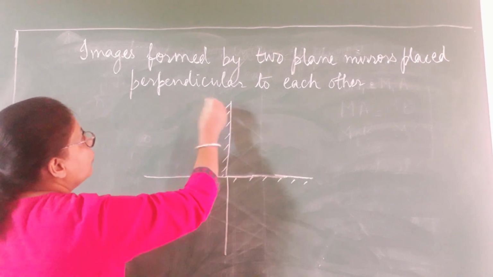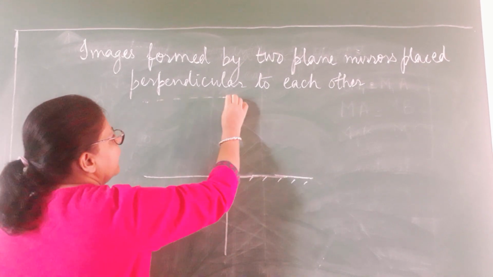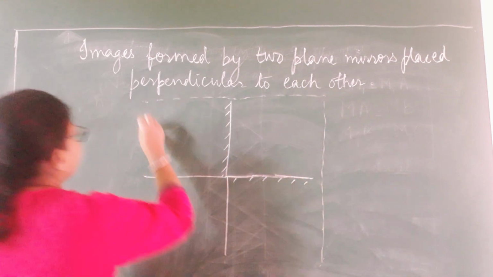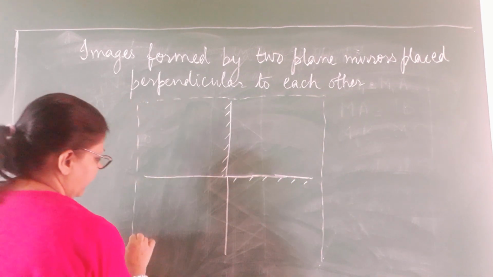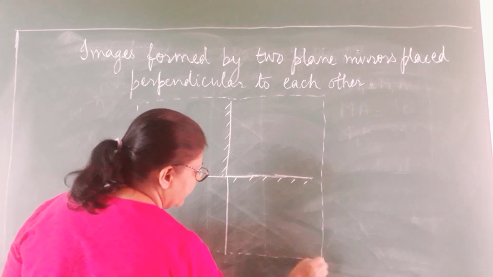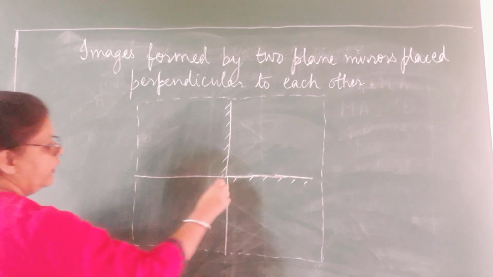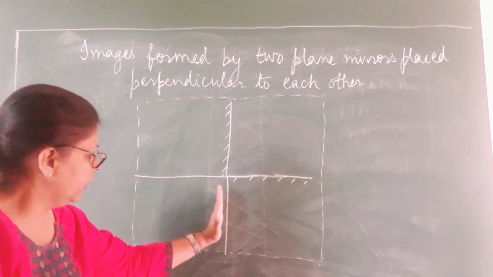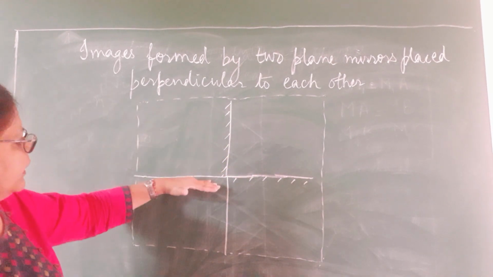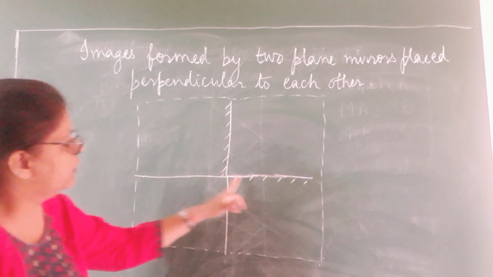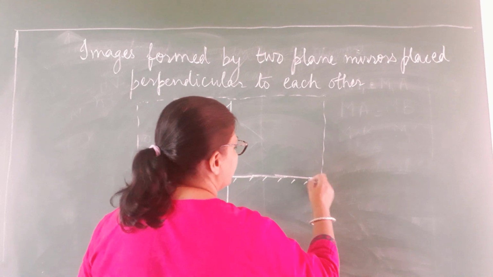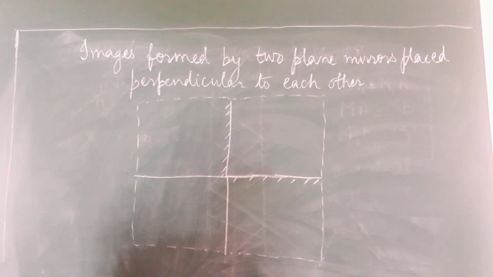This is the way to draw the diagram. I will draw a perfect square of 10 centimeters side and equally divided into 4 sections, all sides 5. But I will take only these 2 as my plane mirrors. These 2 are the plane mirrors which are placed perpendicular.